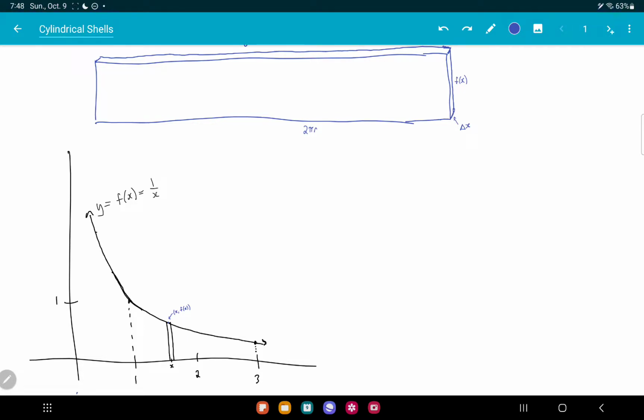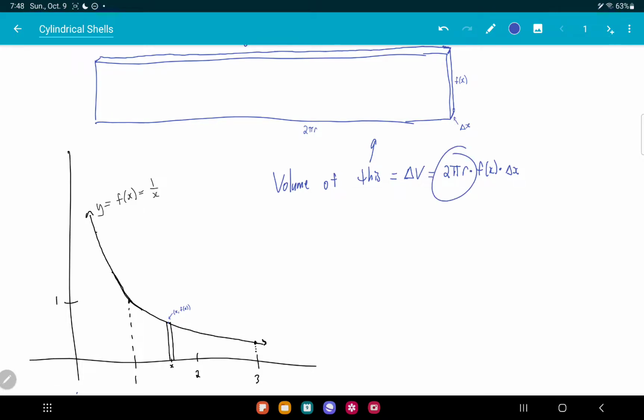So we'll say volume of this, we'll call that delta V. So a chunk of volume, a piece of volume. Well, as I said, it's base, which is 2 pi r, times the height, times delta x. Now I've forgotten to explain where the 2 pi r comes from.